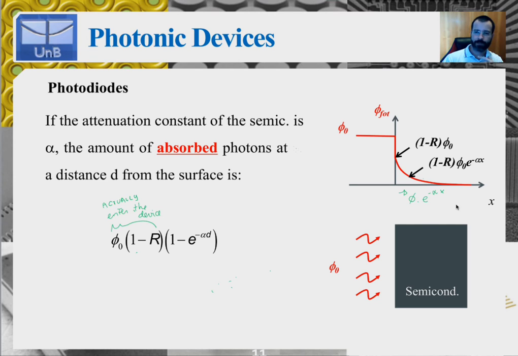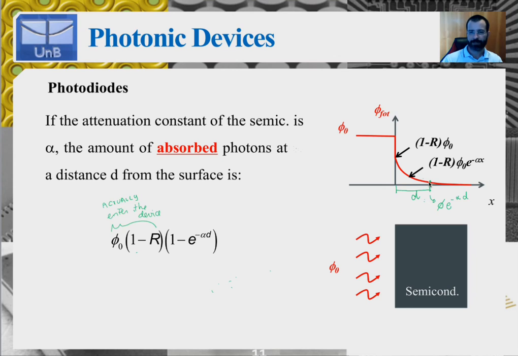And if we look at the photon rate at a given distance from the interface, so let's say a distance d along the x direction, the photon rate is going to drop to what? Right here the photon rate will be phi multiplied by e to the power of minus alpha times the propagated distance d.